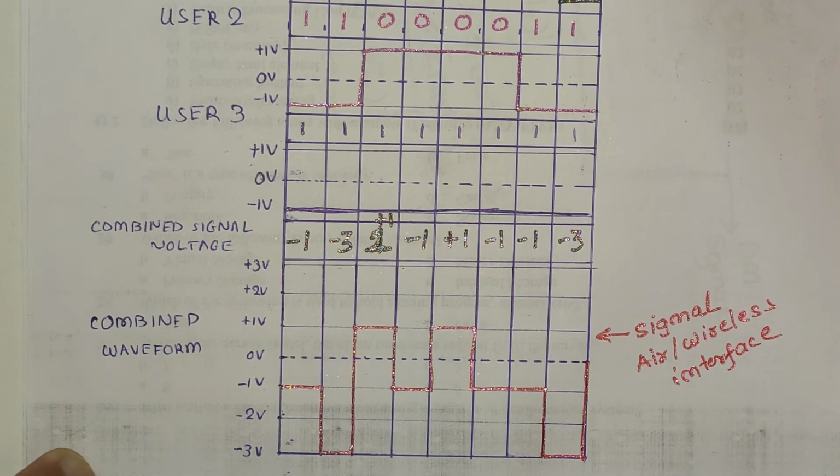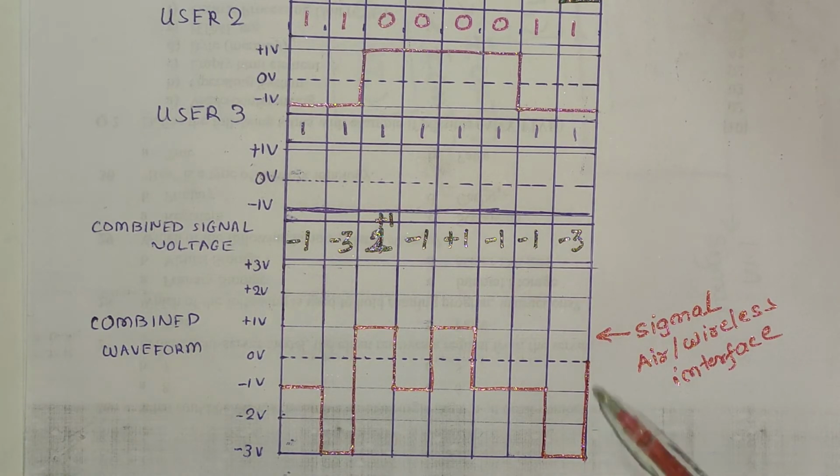Fine. So the receiver is going to receive this particular signal, and at the receiver, if you want to extract the data for a particular user, you are going to use their spreading code for that purpose.